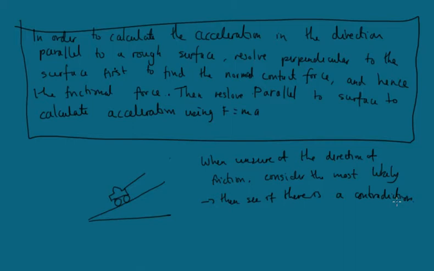So let's consider our same car, being pulled up the line of greatest slope. This time we don't know whether the car remains stationary or not. So it's been pulled up here, and we don't know if it's stationary.